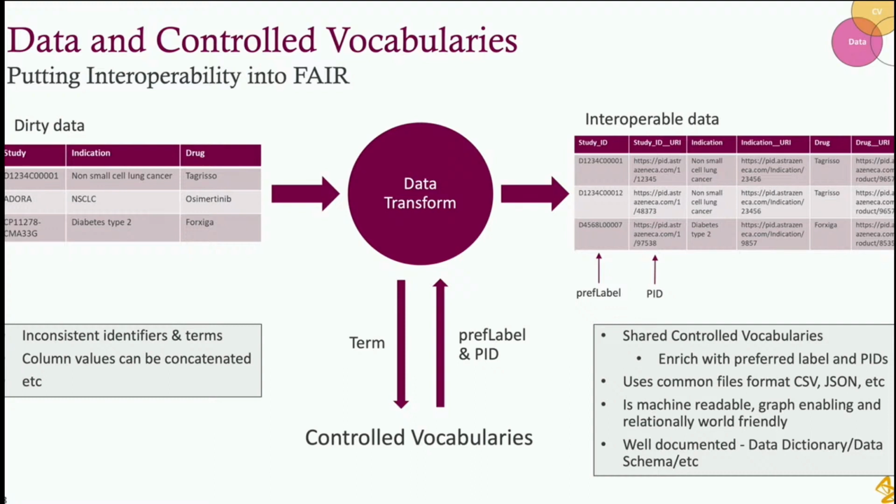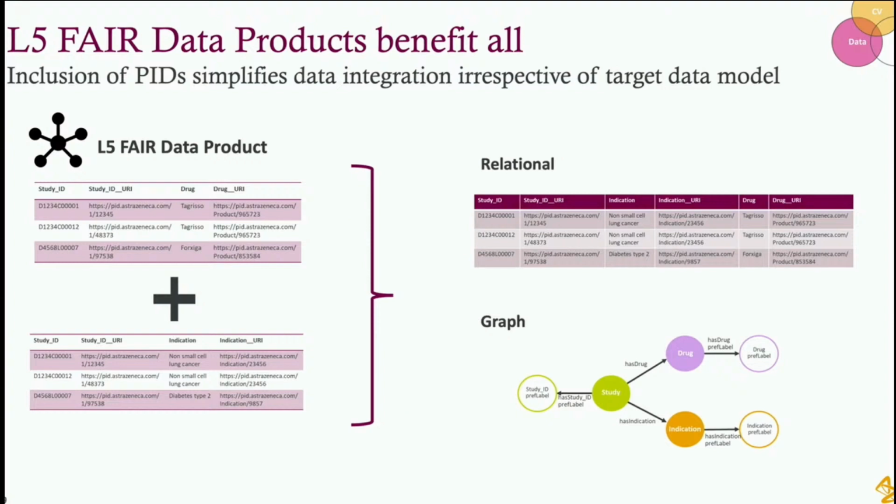And that's what we're asking them to do, is to just curate their data by looking up against the controlled vocabularies where they're present. And if they do that, they're going to create interoperability. And they will create interoperability irrespective of the technology that you then want to use that data in. So if we have PIDs, URIs in our data, we have fully disambiguated the meaning of that value.